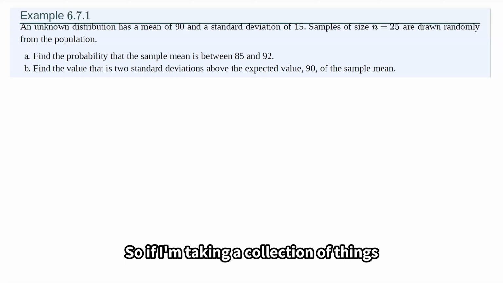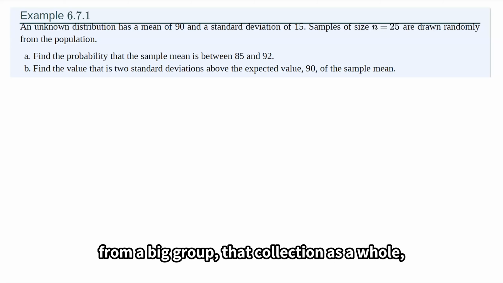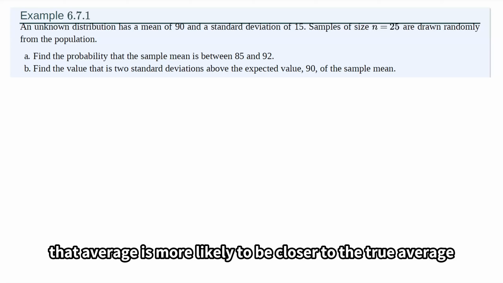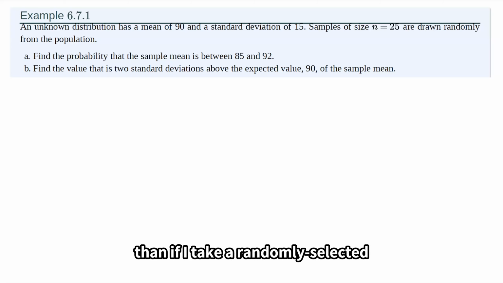So if I'm taking a collection of things from a big group, that collection as a whole, I find the average. That average is more likely to be closer to the true average than if I take a randomly selected thing from the same population and compare its value to the mean. Let's take a look at the central limit theorem in practice.